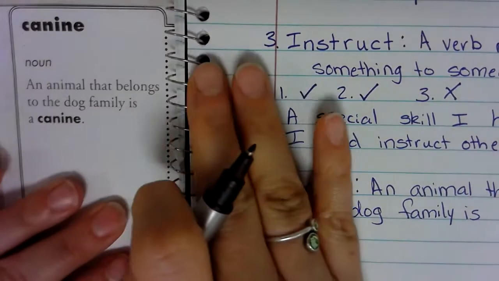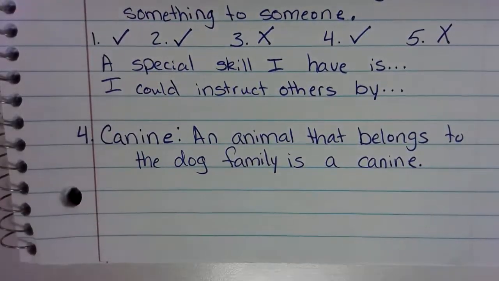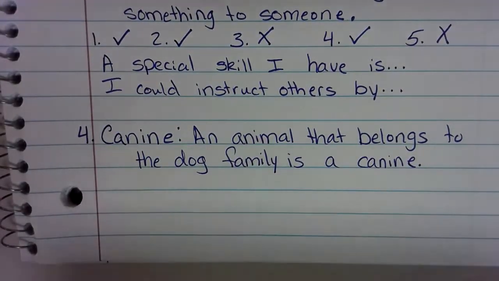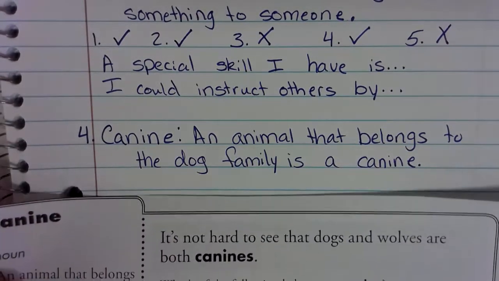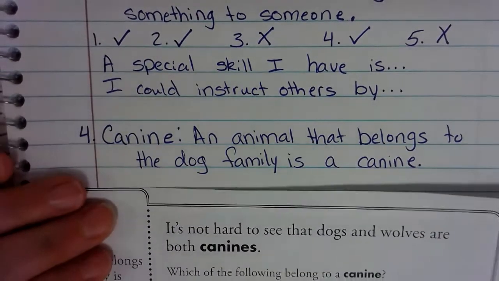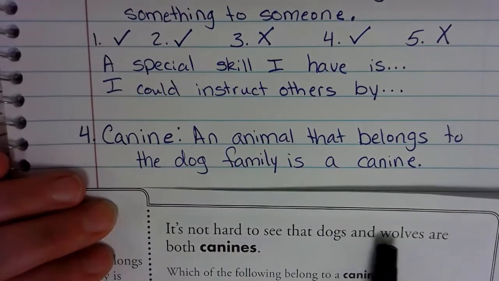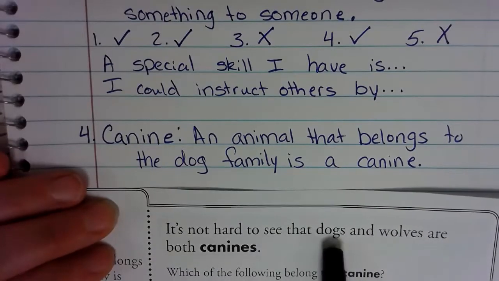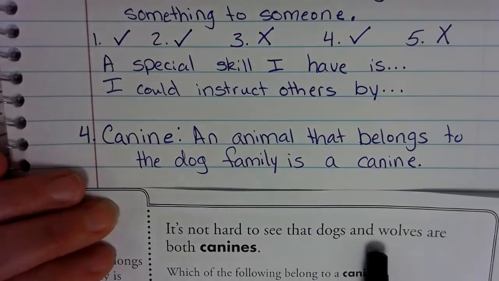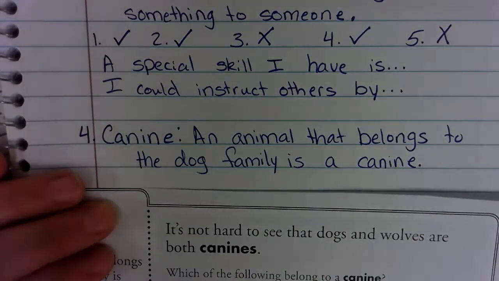And I went off screen there, but I wanted you to see the definition throughout. So let's take a look at using this word in a sentence. It's not hard to see that dogs and wolves are both canines. So your dog at home and a wolf are both part of the dog family, so they are both canines.